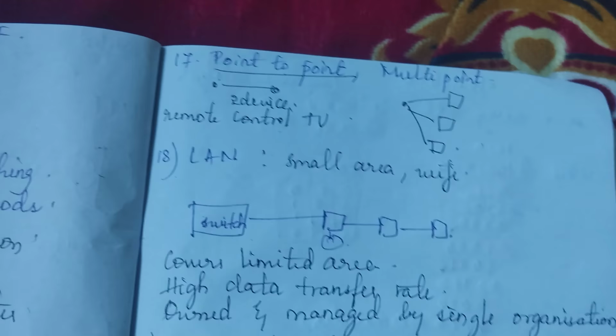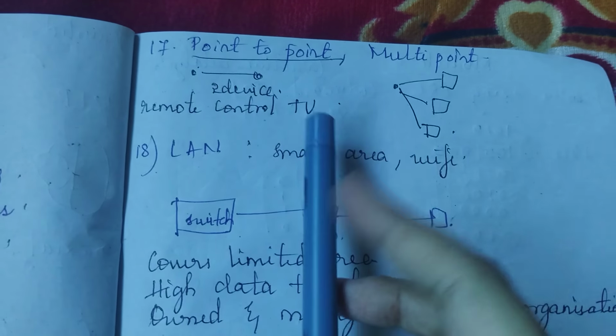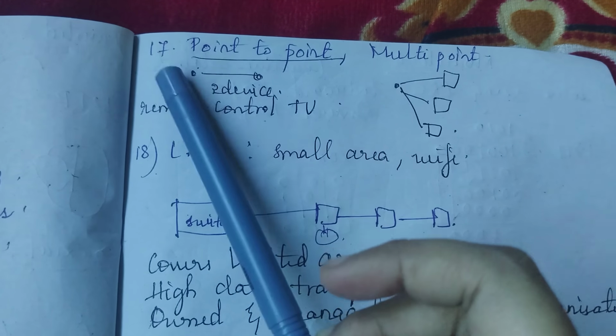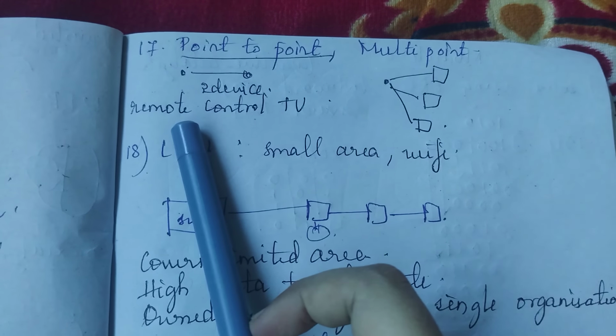Then this question they have not asked, but this was there in most of the question banks given from colleges. Point to point communication is where two devices will be there, and it will communicate from one point to one point. You can give the example of a TV remote control.